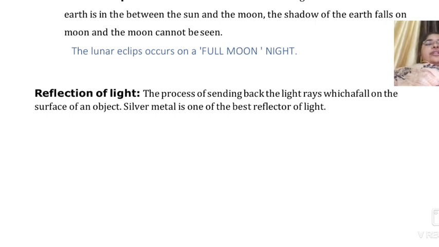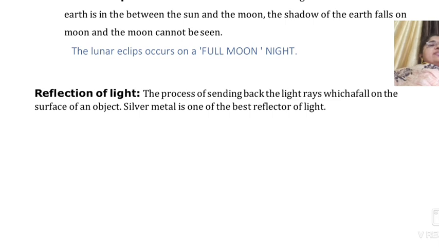Remember students, if a sun ray comes from the sun and falls on any object, at that time we can see this object. What is the reason we see this object? Sun rays come to this object, the ray is reflected from this point and comes into our eyes, and that is why we are able to see any object.